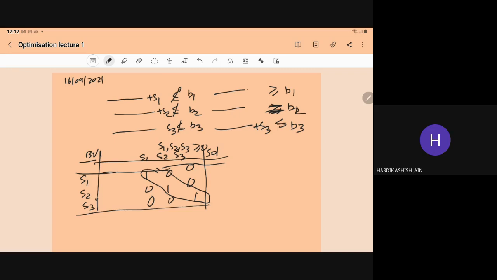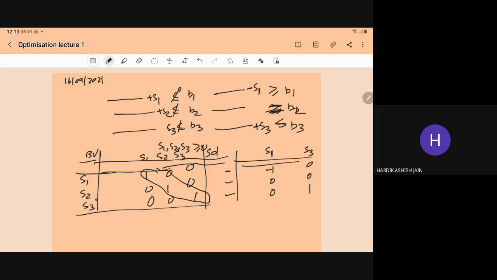For the greater than type, we have to subtract the surplus variable. So when we make the table, s1 and s3, here the entries will be -1, 0, 0, and here the entry will be 0, 0, 1. Because there are three constraints, we must have three variables.